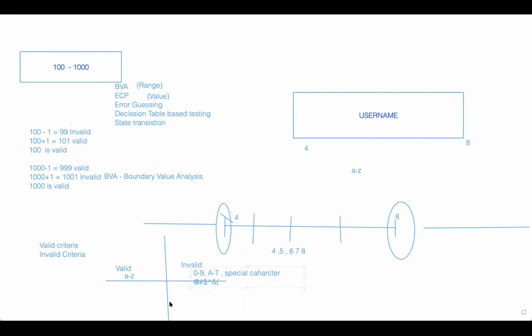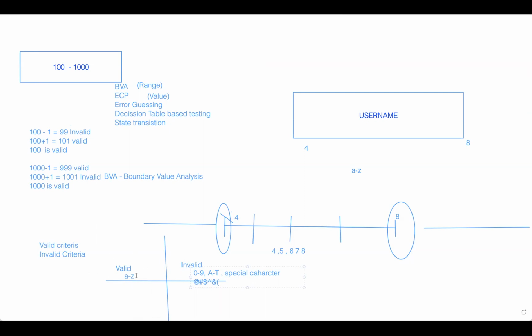So my requirement is: the valid case is lowercase a to z, and the invalid case is 0 to 9, uppercase letters, or any special characters. So we need to prepare a small label like this. When we prepare test data, we need to consider only the valid part.